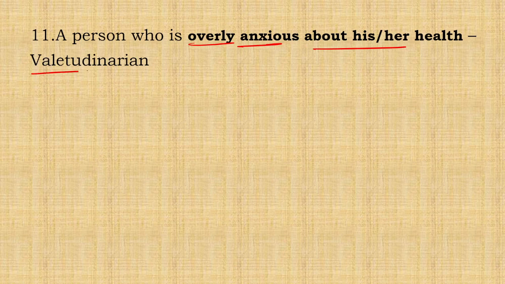Just remember this word. It starts with V. It starts with V. Okay, just remember the pronunciation. V, if it's starting, it is nothing but wellness. There is no other word in this lesson which starts with the letter V. So whenever you find the combination of overly anxious about his or her health, immediately you should remember the word starting with V, even if you don't remember the complete word.